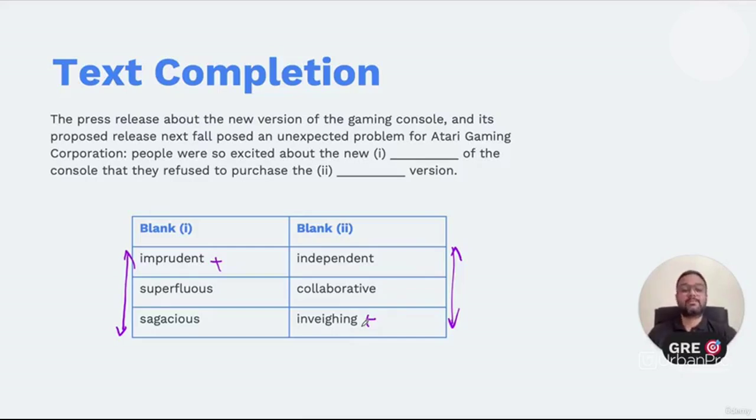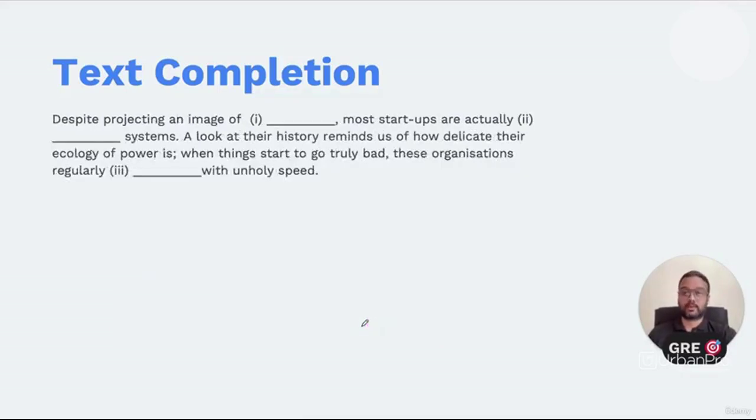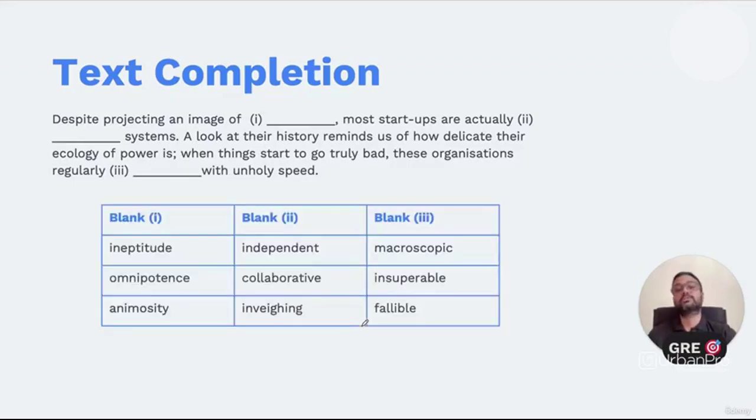This gets a little bit more tricky when we go to a triple blank question. These tend to be longer, meaning the text tends to be as long as 5 sentences long and also therefore denser, packed with a lot of information. You will have 3 answer options for each blank.